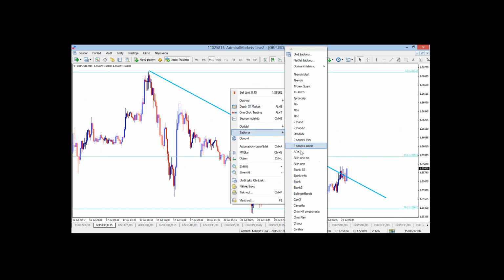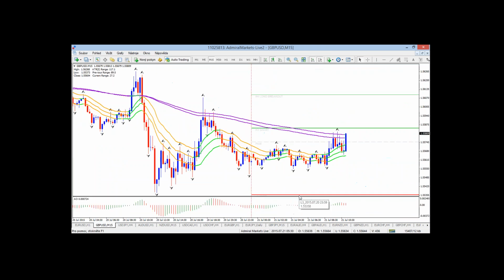And the pound is already also following.